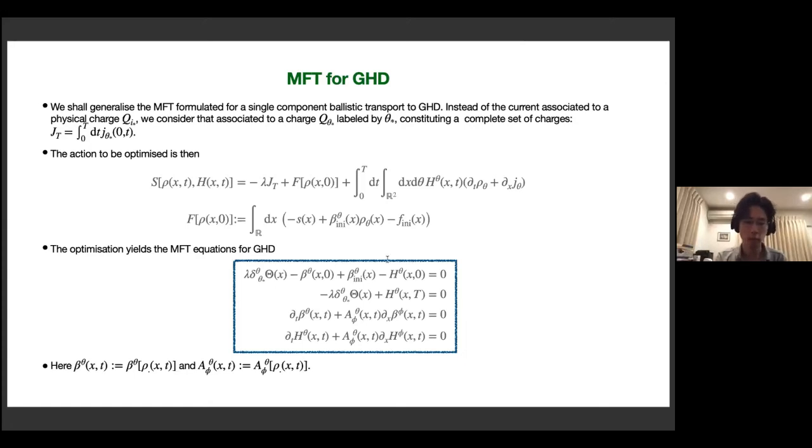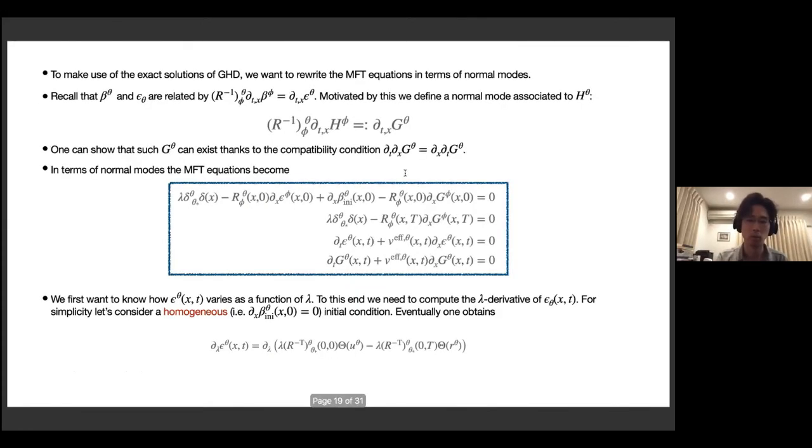But directly dealing with this kind of equations is not really feasible. So what you have to do really is to introduce normal modes, and that is why I was introducing the solution by the method of characteristics. For beta, we know how to transform and get the epsilon. You just have to do this kind of transformation.